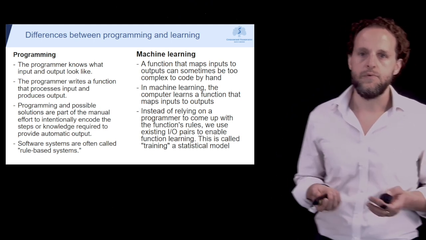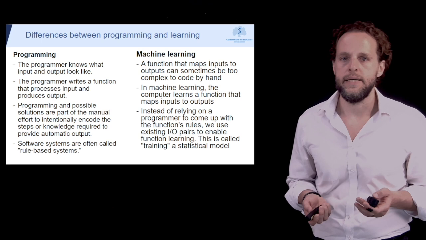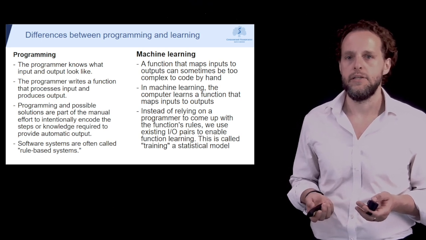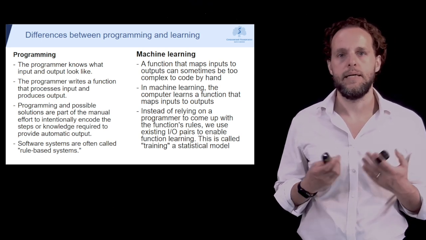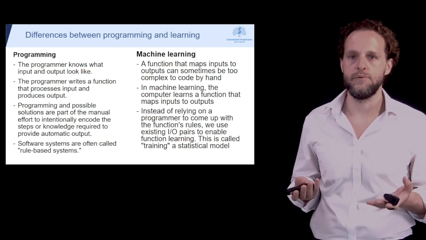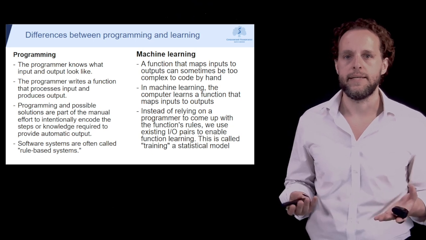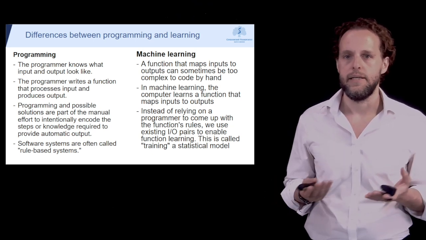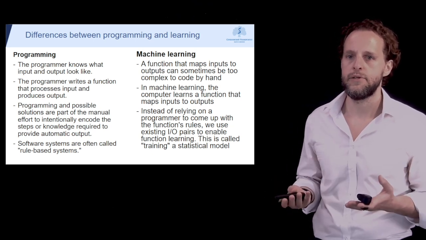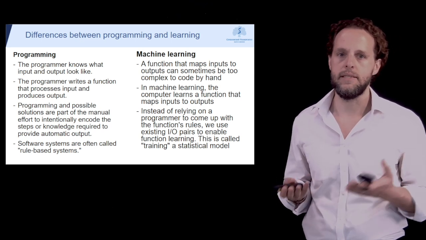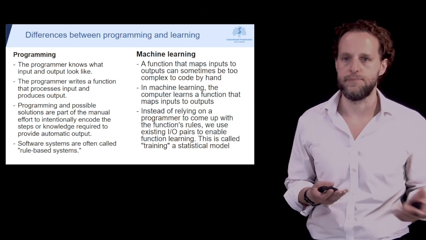Software systems are often called rule-based systems, and in machine learning, a function that maps input to outputs can sometimes be too complex to code by hand. In machine learning, the computer learns a function that maps input to outputs.